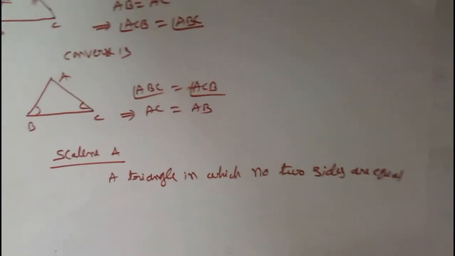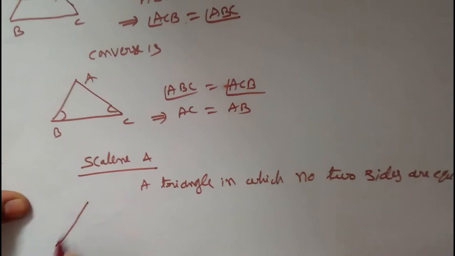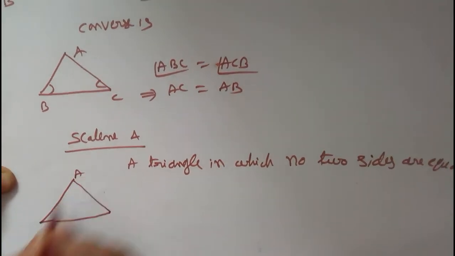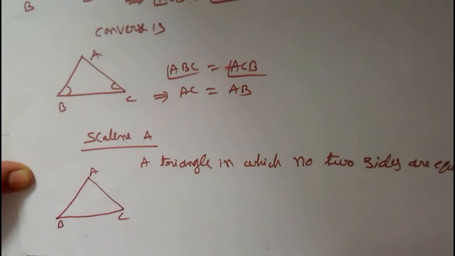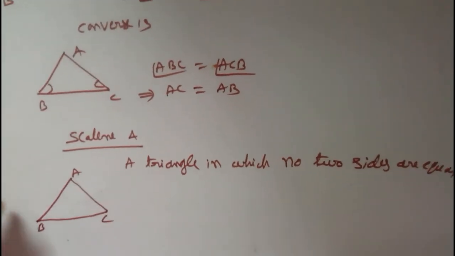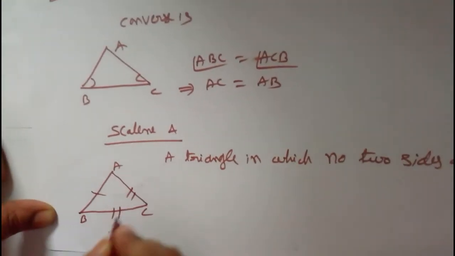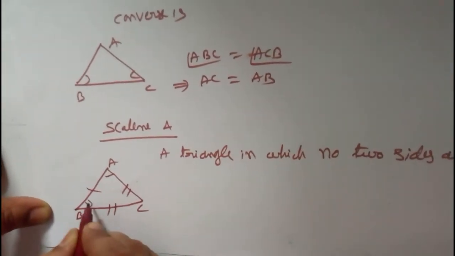So what is the relation between angles and sides of this triangle? Here 3 sides are different and 3 angles are different.